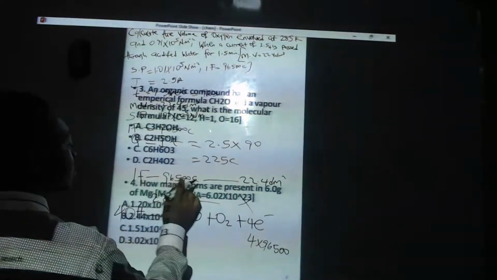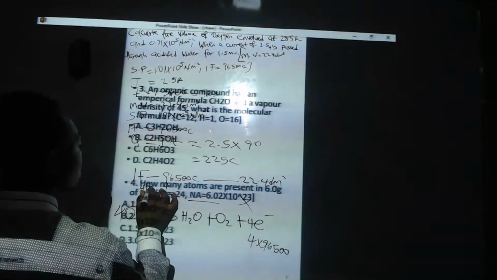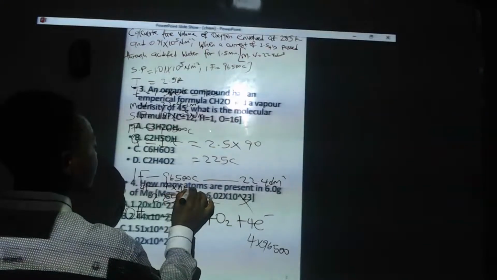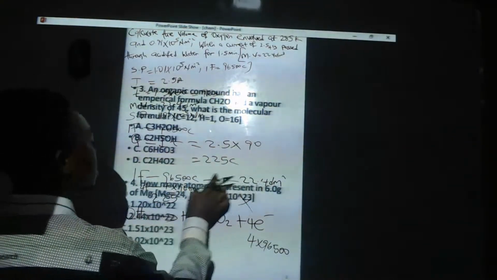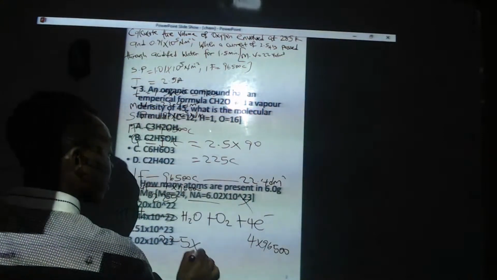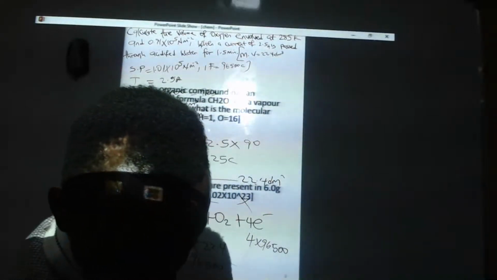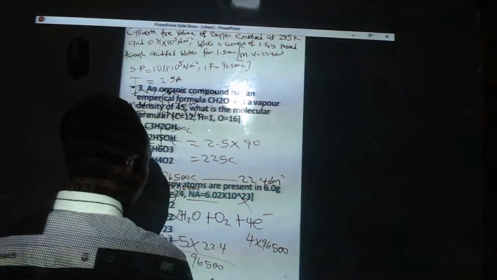So if 1 Faraday is this, it will be 4 times 96500 for 4 Faraday. Now this will be this times this, and this times this. So what you're getting is 225 times 22.4.